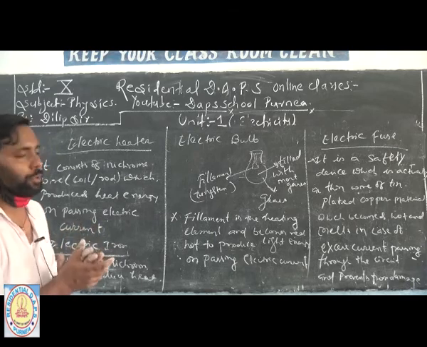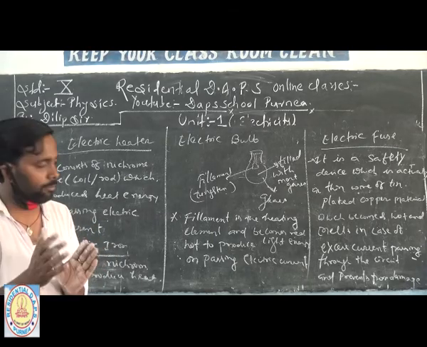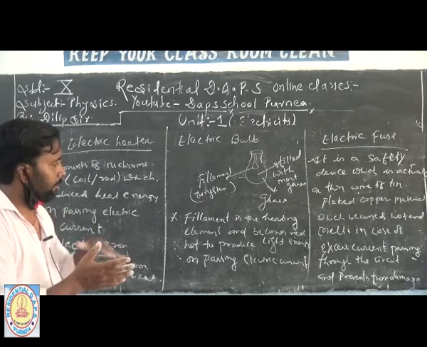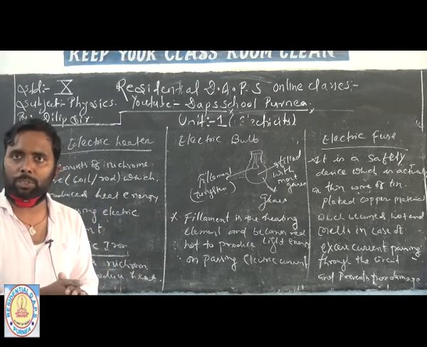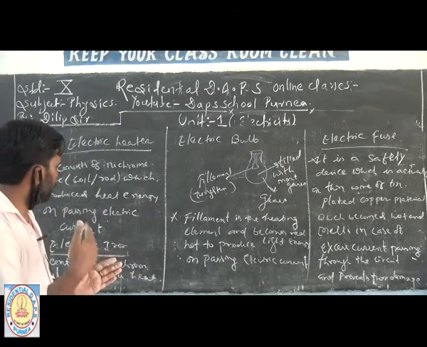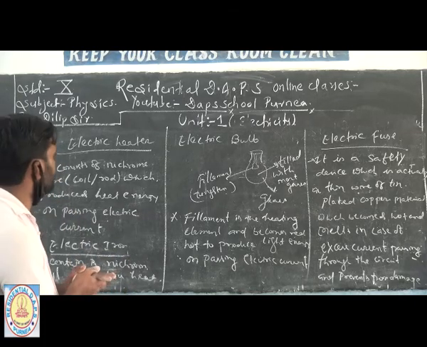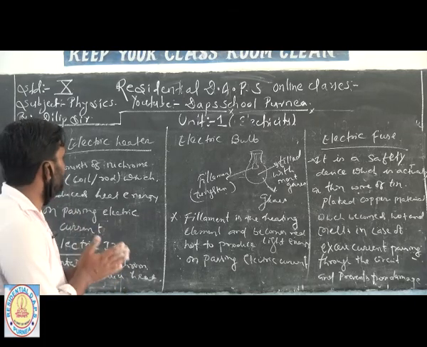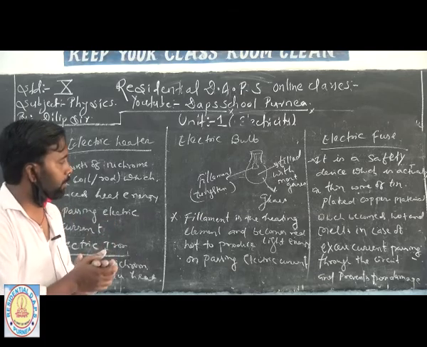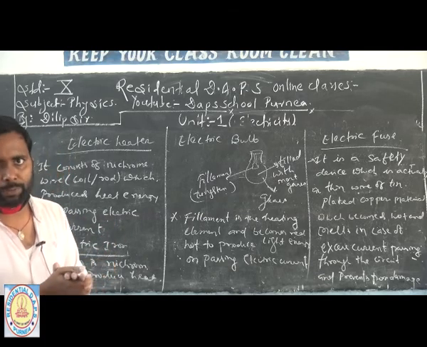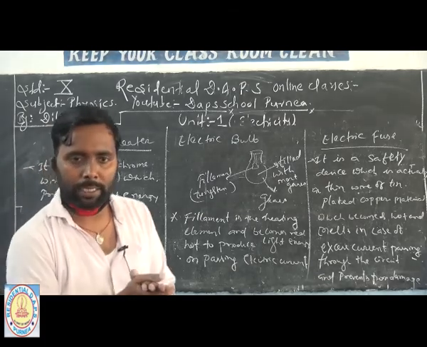If you have any queries or problems, you have to solve numericals also. I have not solved the numericals. Perhaps I will solve some questions in the next class. Be attentive towards your studies. With this hope, goodbye to all of you.